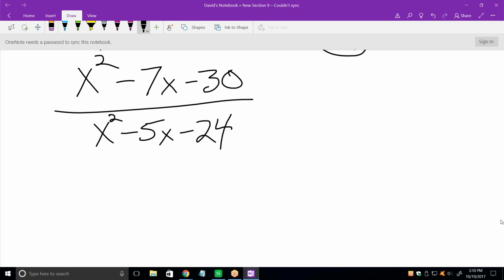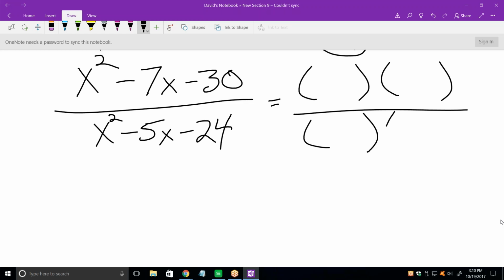Again, we're looking at quadratics. We know the solution is going to be factoring. Factor the top. That's always the first step: separate the x squareds.